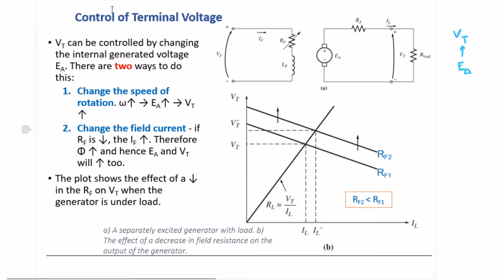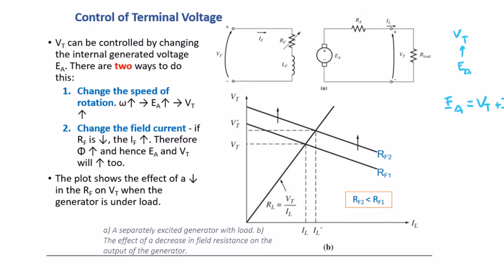From this equivalent circuit that we've seen before, we found that EA is equal to VT plus IA RA.